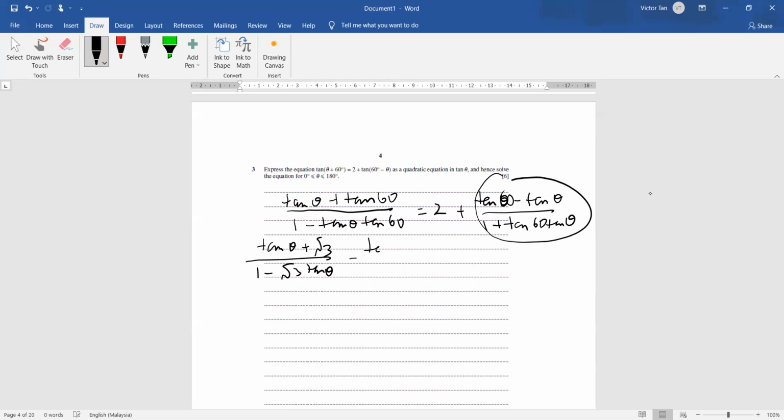Minus, tangent 60 is root 3, so root 3 minus tangent theta over 1 plus root 3 tangent theta equals, making it into a single fraction.